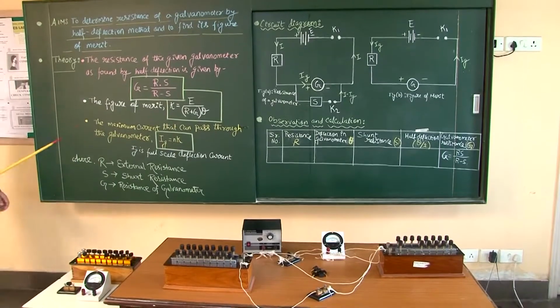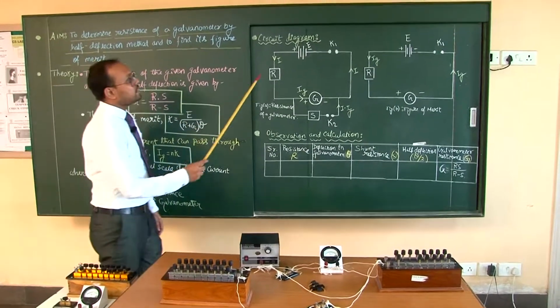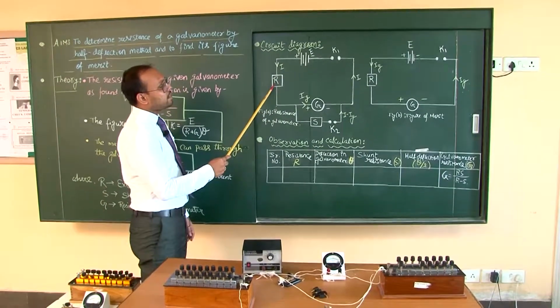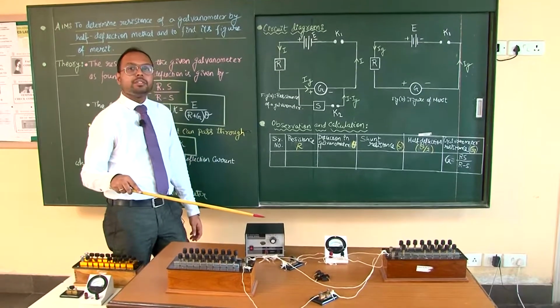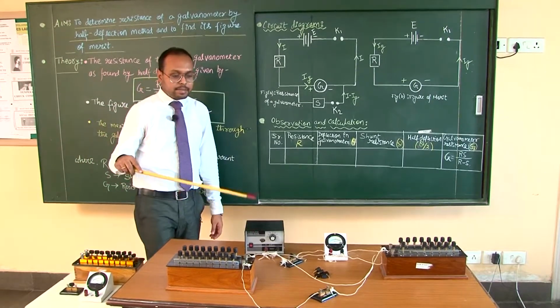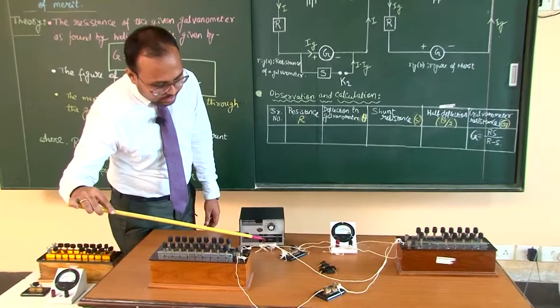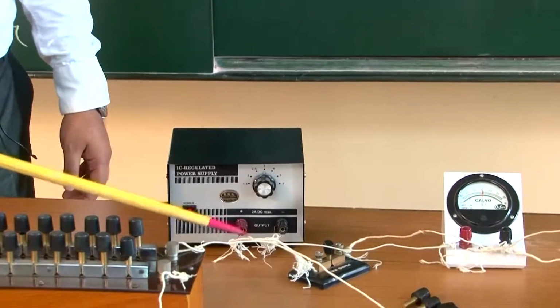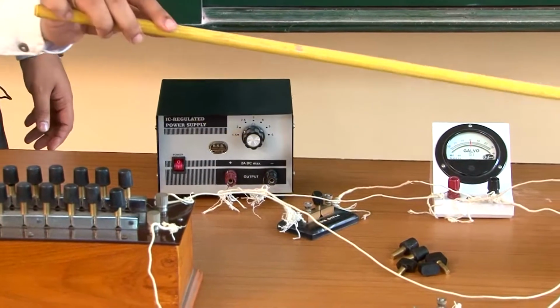Now, students, let us make the circuit. As you can see here, the battery positive terminal is connected with the resistance box. For the battery, we are using a battery eliminator. This eliminator's positive terminal, as you can see, is the red knob. From the positive terminal, it is connected with a wire to the resistance box.